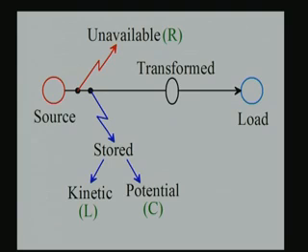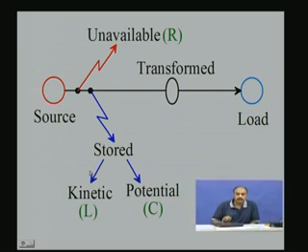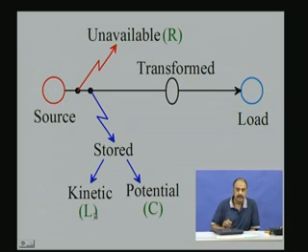And if we go back to one of our earlier slides of energy flow, we saw that we were focusing till now on this component which takes away the energy, or the energy that gets lost in flowing from the source to the load, and that component is the resistive component. Now, let us look at the storage components, that is the kinetic storage and the potential storage. Let us first look at the potential storage component, which is the capacitor.